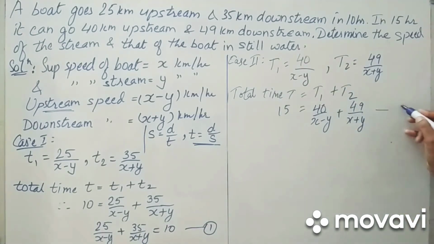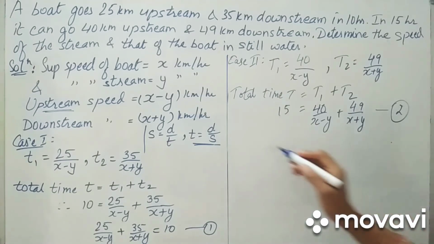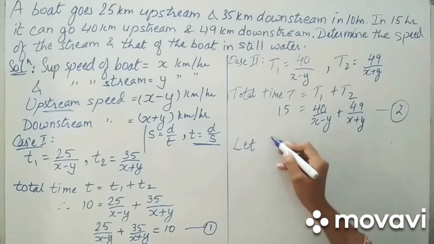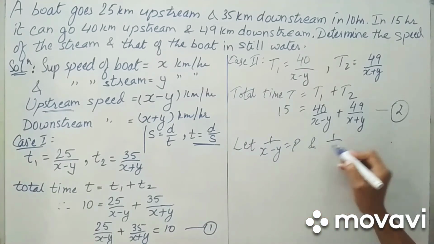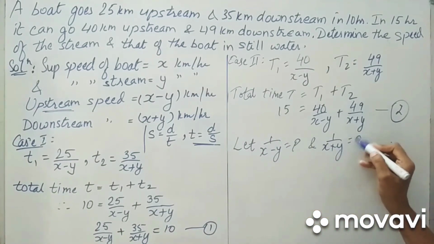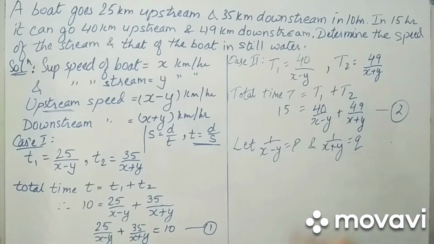Now this is equation 2. You can see in both equations the denominators are x minus y and x plus y. So suppose let 1 upon x minus y is equal to p and 1 upon x plus y is equal to q. Substitute this in equations 1 and 2.